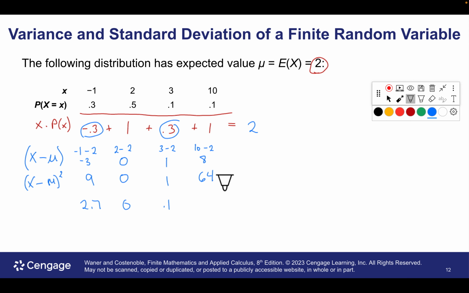And then I take 64 times 0.1, I get 6.4. I add all these together. That's 2.7, 2.8, 9.1, 9.2. Good. And when I cheated, I saw that it was 9.2.